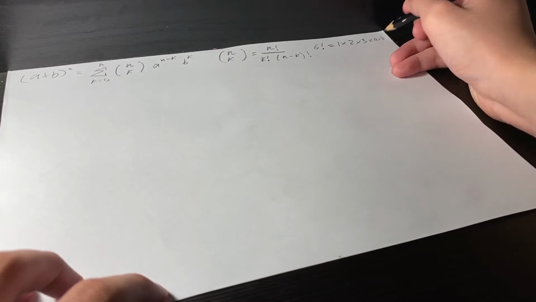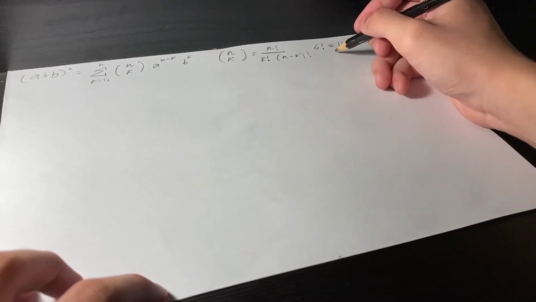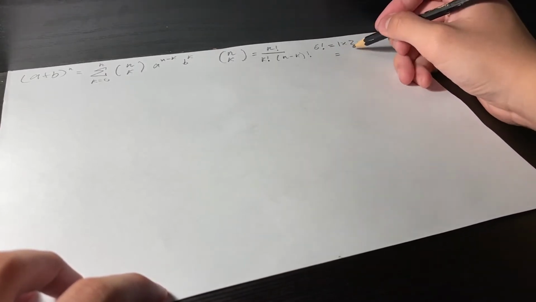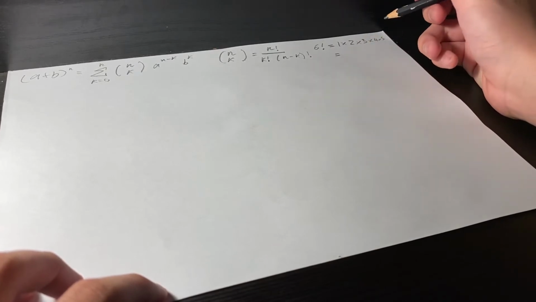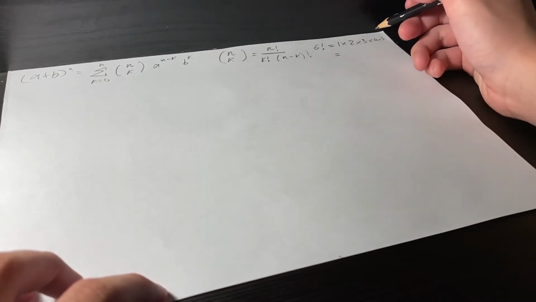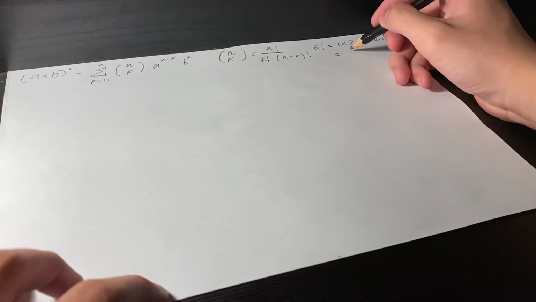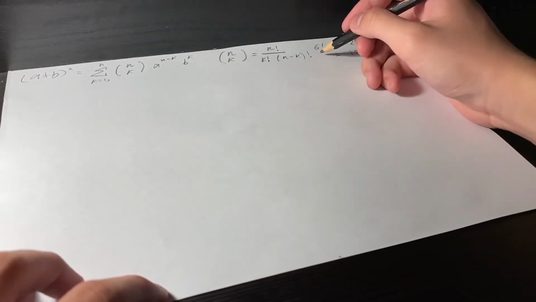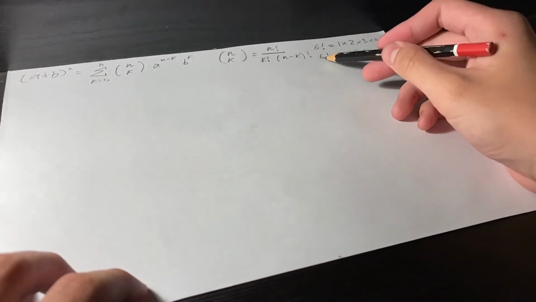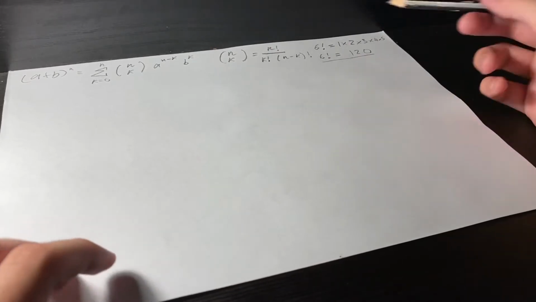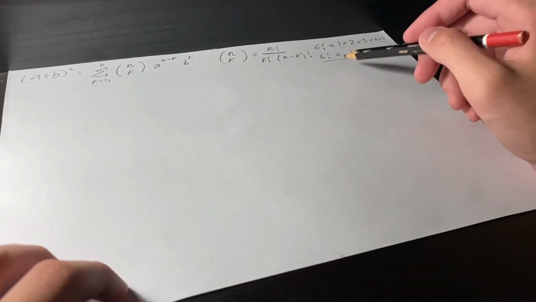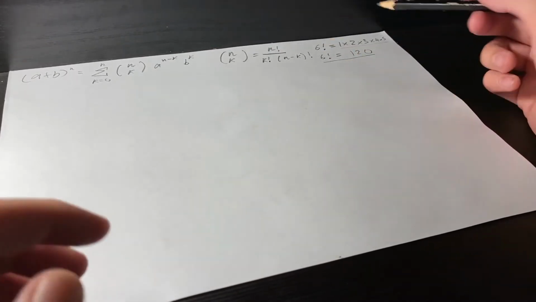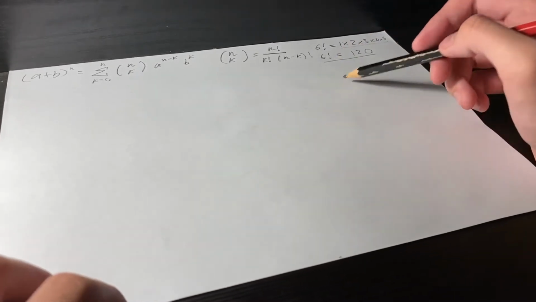That would just be 2 times 3 is 6, 6 times 5 is 30, 30 times 4 is 120. So there's 120 ways of rearranging the product for 6.